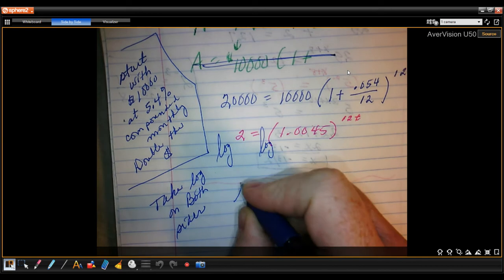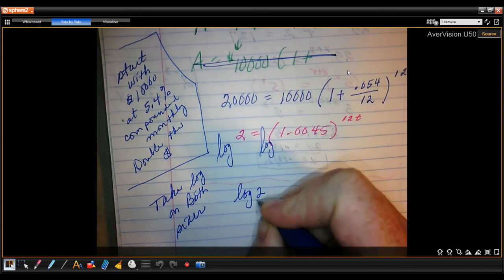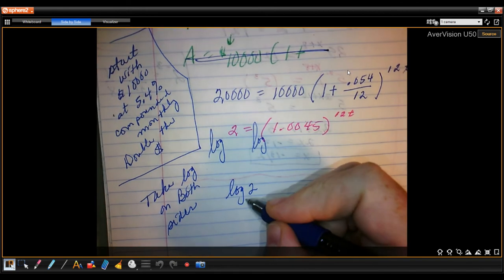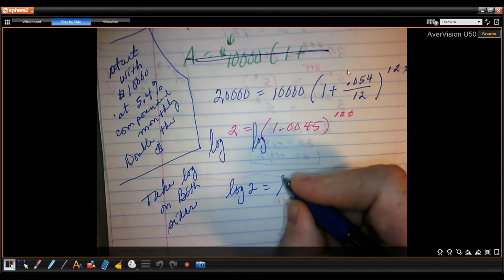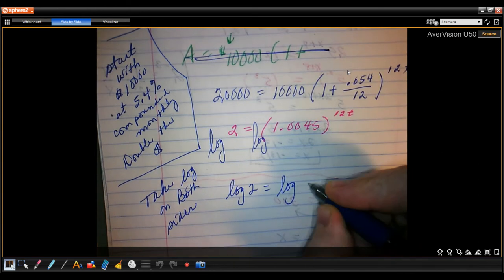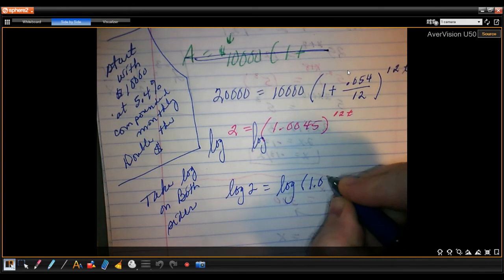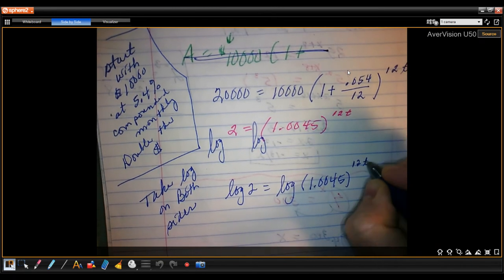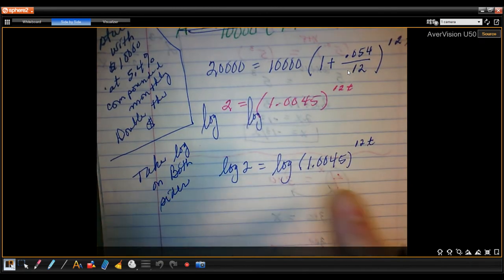So now our problem is log base 10. Remember, we don't have to write it because log base 10 is understood. So this is log base 10 of 2. Log base 10 of this crazy number, 1.0045 to the 12T. Okay, so we're taking log base 10 of both sides, but you don't have to write base 10.